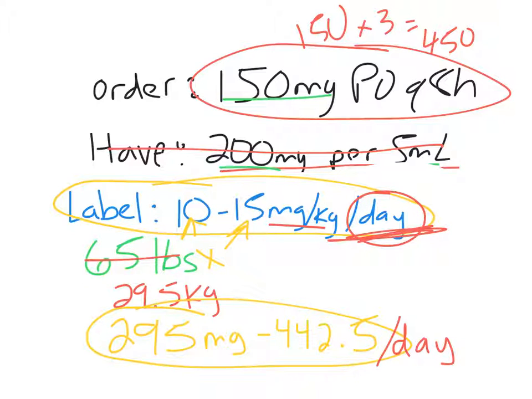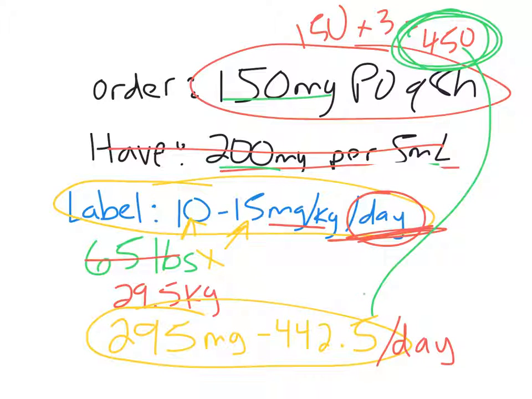So this is what the doctor has ordered my patient to take in an entire day. That is much more than the maximum dose that my patient, based on their weight, should be able to take. Therefore, the doctor's order is not safe. So we would need to tell that doctor that they need a little bit less based on their weight.